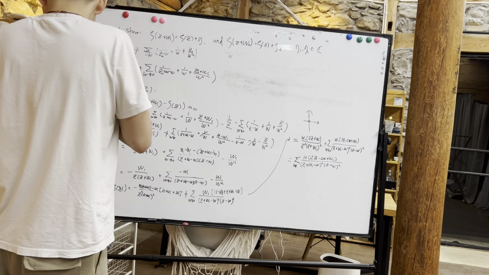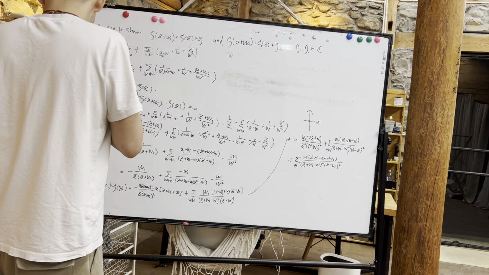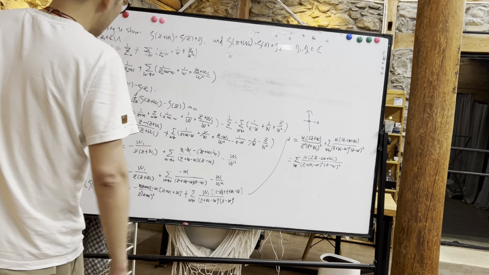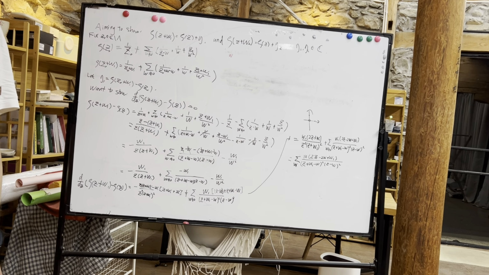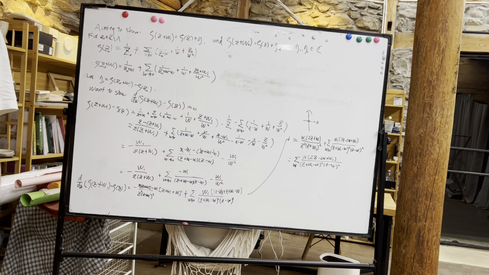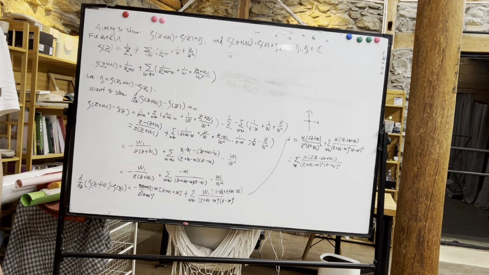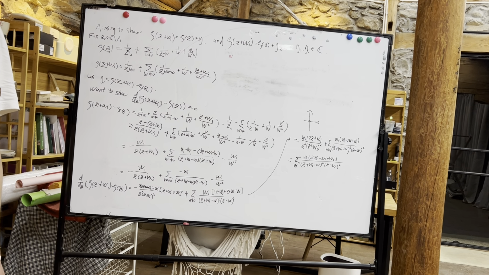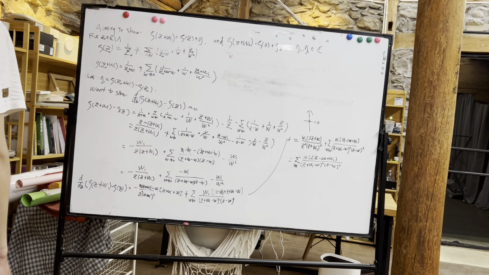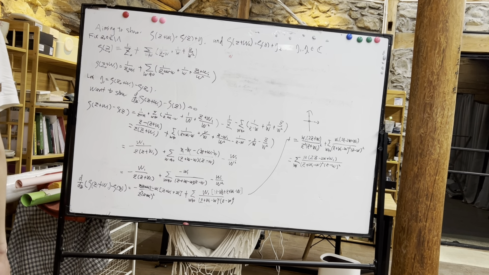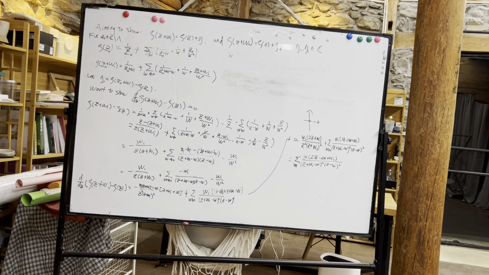So here I'm in trouble with showing that the Weierstrass zeta function has period omega 1, right? I know the definition of the zeta function, and I want to show that zeta of z plus omega 1 minus zeta z is a constant.